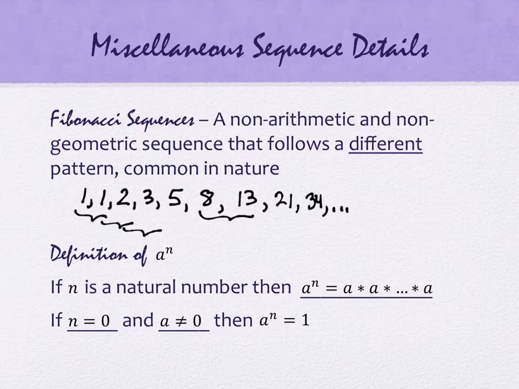Okay, it feels a little bit like I'm throwing a weird definition in the middle of what we're doing, but we need it in a minute. So let's actually throw this in here where it's placed. A reminder about exponents, a to the n power. If n is a natural number, then a to the nth power is a times a times a dot dot dot, n times.